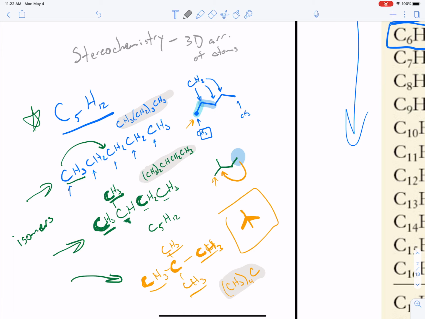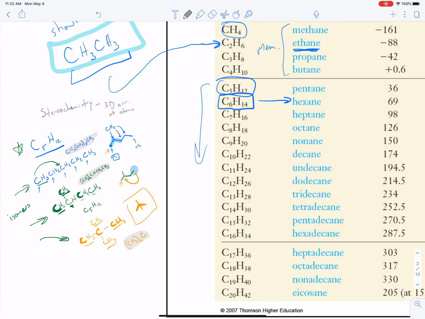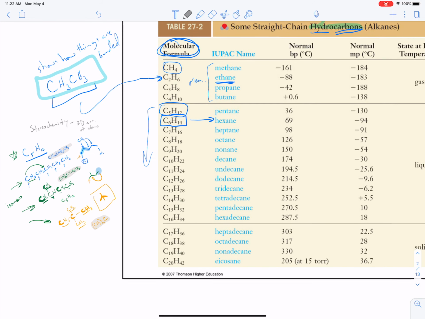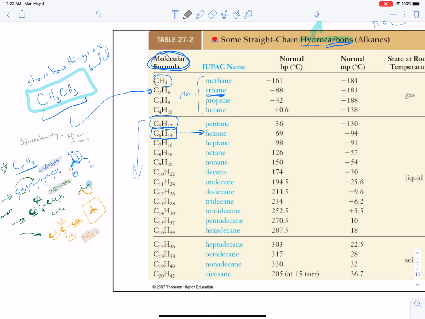And that becomes a big deal. None of these molecular formulas over here on the right show you that. So for these, they are all what's called straight chain carbons. Look at this. See, it says straight chain hydrocarbons.